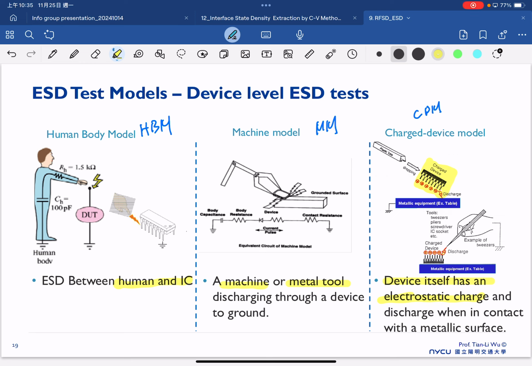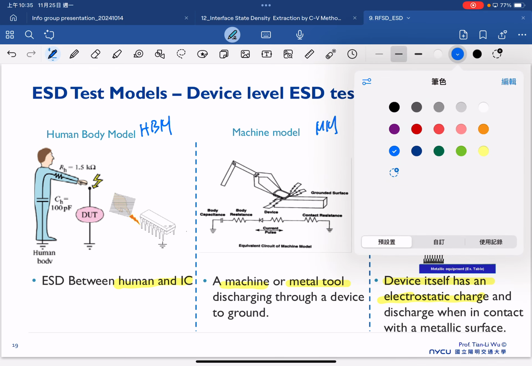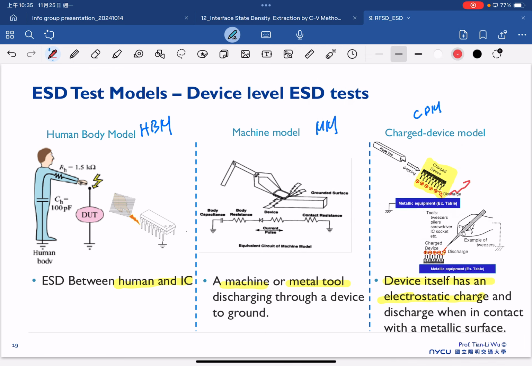So you can see we have a discharge happening, and this can also cause a discharge. Therefore, we also need to consider this case, which we call the charge device model. So now we will explain them one by one.